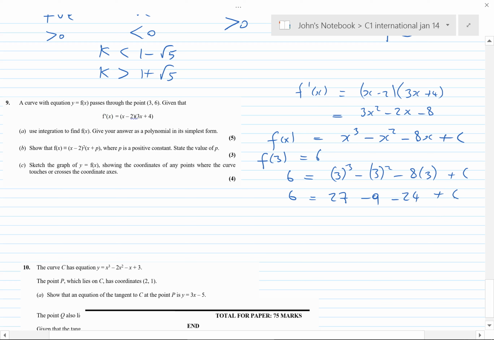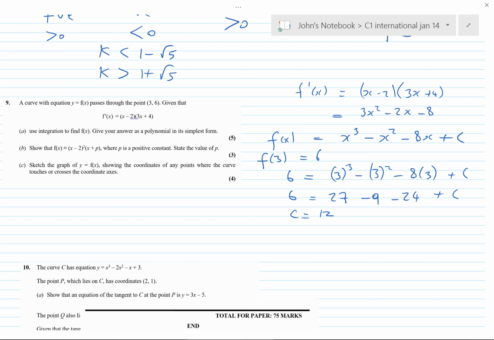Okay, so that gives me c is equal to... 27 take 9 is 18. Take away 24, which is minus 6. So I think that gives me c equals 12.